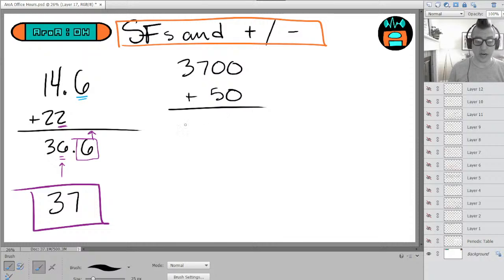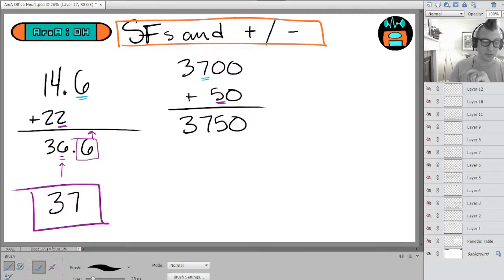If you punch this into your calculator it will tell you that the answer is 3,750, but we have to ask, what's the sig fig situation? All right, 3,700 has its last significant digit in the hundreds place. 50 has its last significant digit in the tens place.